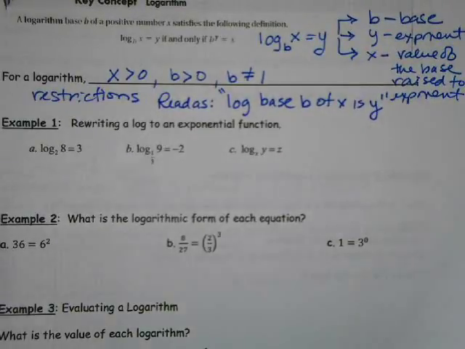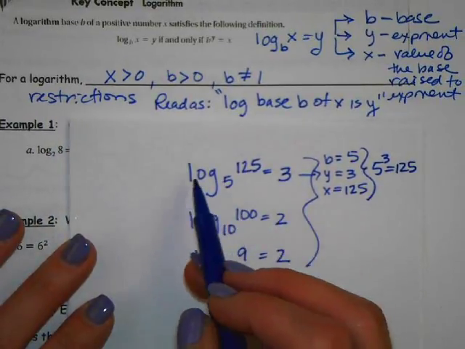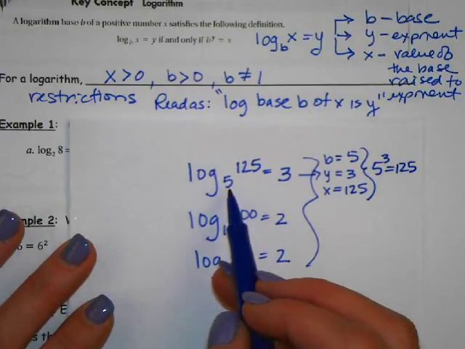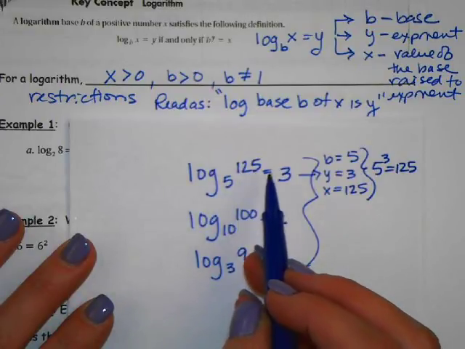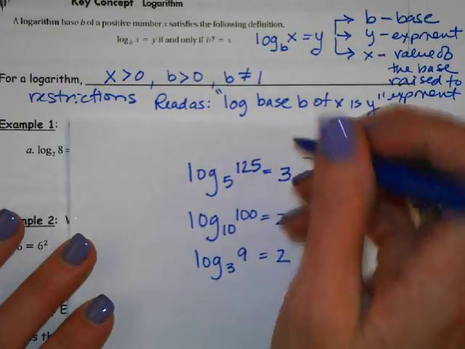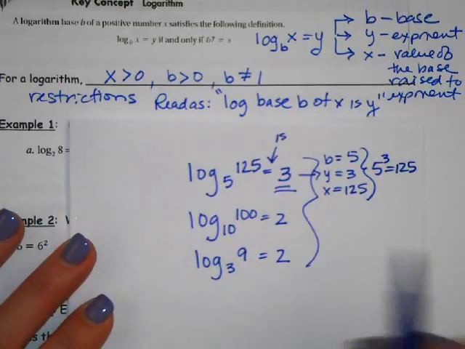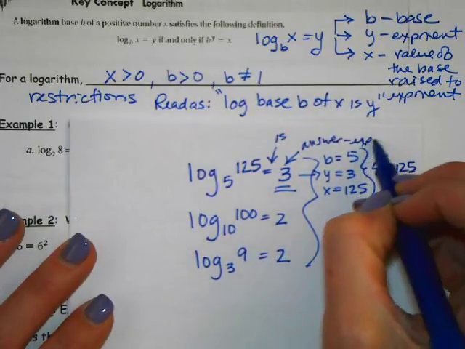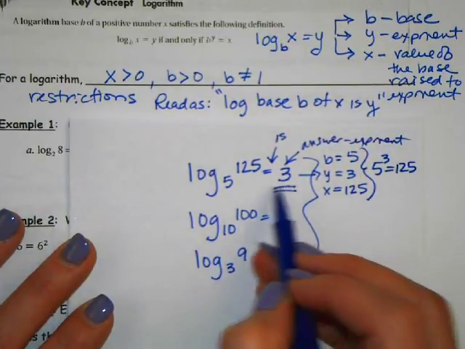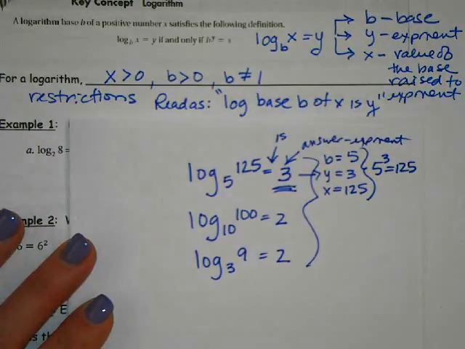So if I was going to read this one, I'm going to say log base 5 of 125 is 3. And this is the "is" part, because this is your answer. And remember how your answer will be an exponent. So that's why we're solving for the exponent now. "Is" is always going to be the exponent answer.